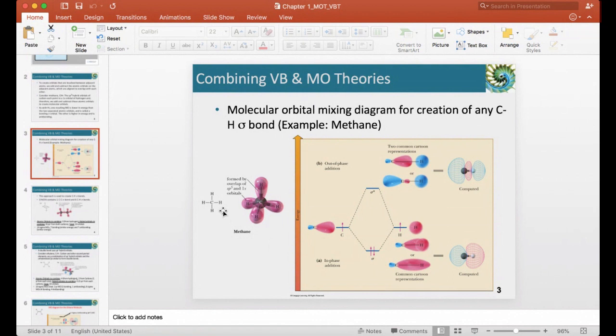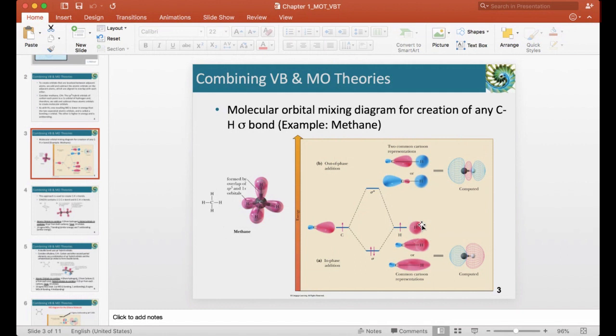If we consider valence bond theory to build a molecular orbital diagram of a molecule, then the reasoning will be the following. Let's focus on just one bond, a CH bond, like this one over here. In this CH bond, the sigma bond is happening between a hybrid sp3 orbital from carbon and a 1s orbital from the hydrogen.